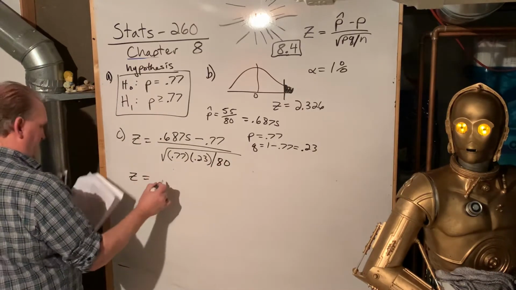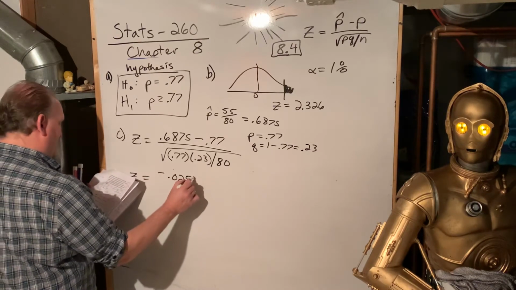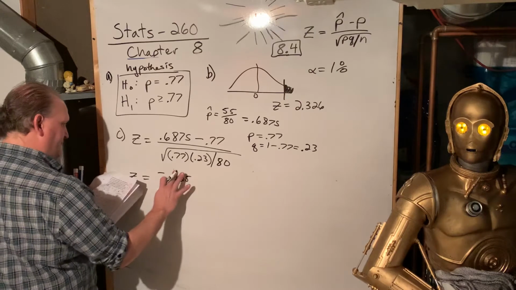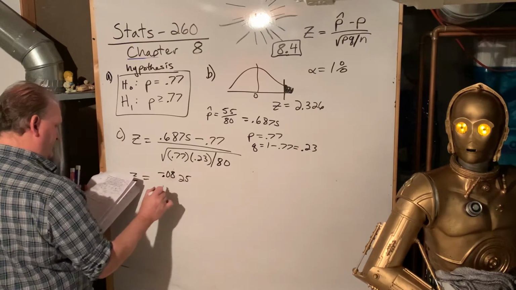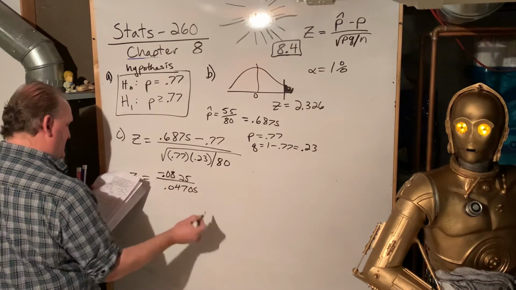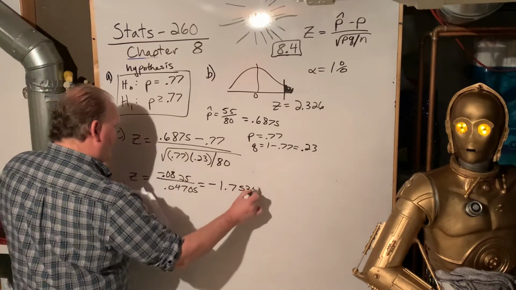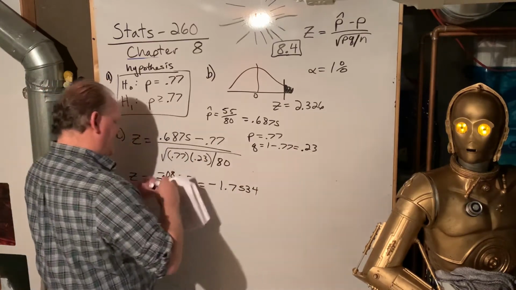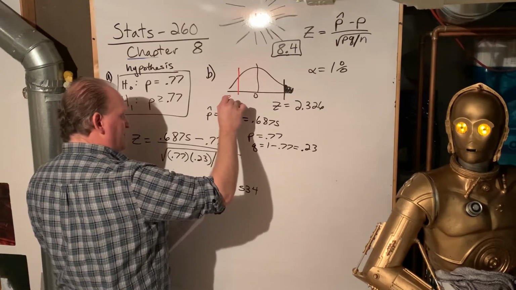So we end up with negative 0.0825 on the top and 0.04705 on the bottom, which is negative 1.7534, which is clearly in the unshaded area.